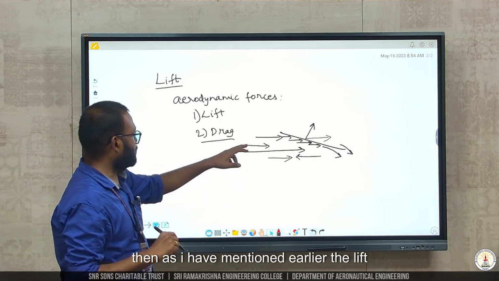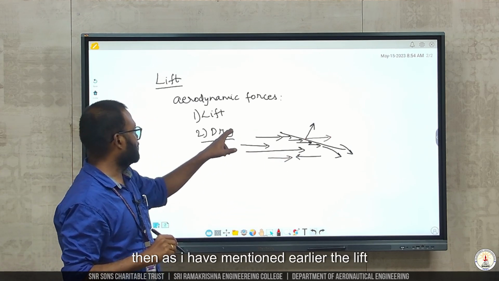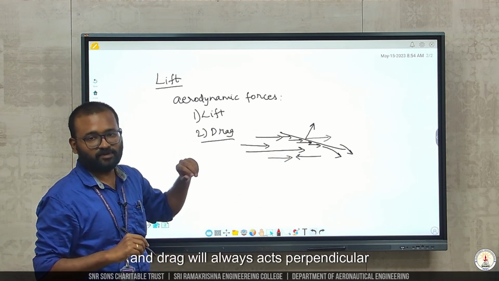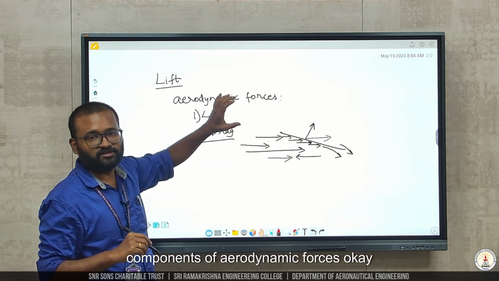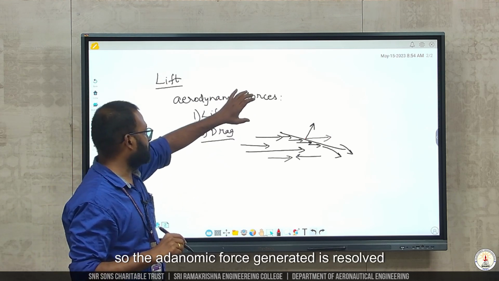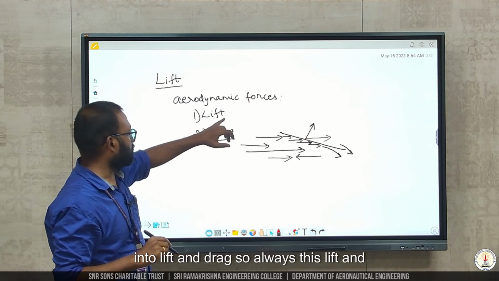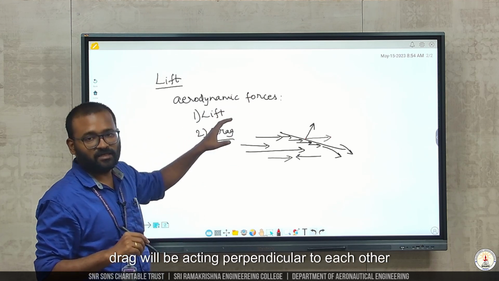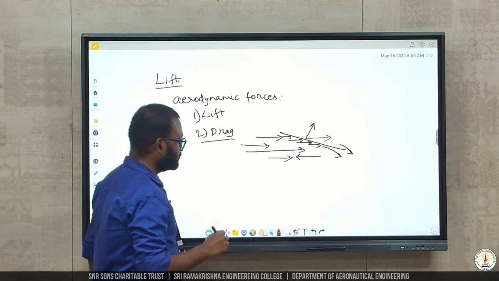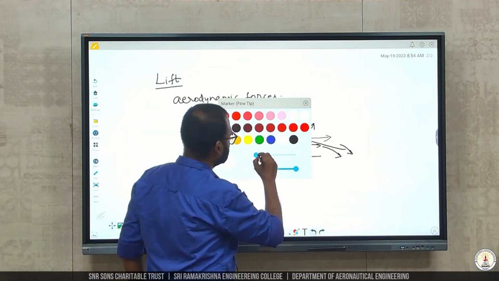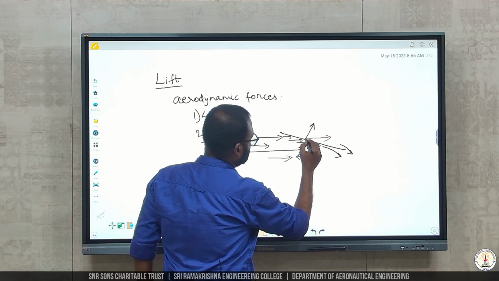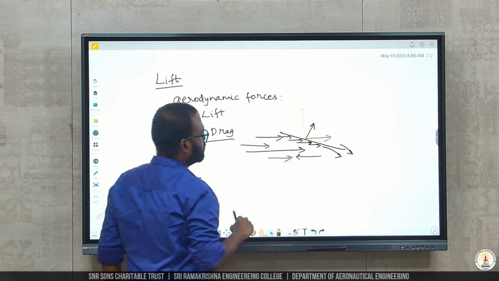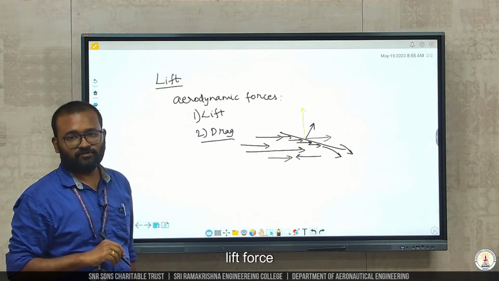Then, as I have mentioned earlier, the lift and drag will always act perpendicular because these are components of aerodynamic force. The aerodynamic force generated is resolved into lift and drag. So always these lift and drag will be acting perpendicular to each other. This will be my lift force.